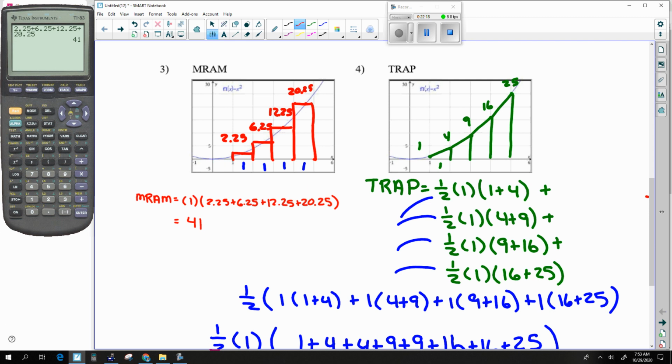So there's a single 1, a single 25, and these numbers are doubled.